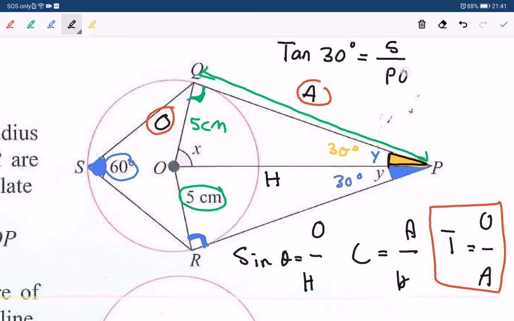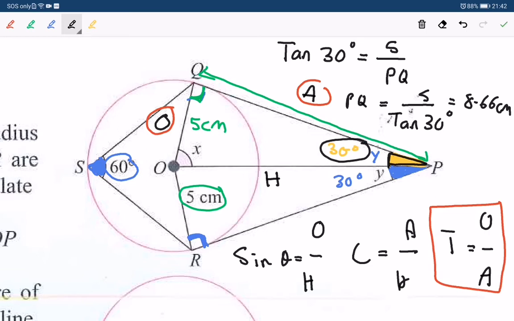So we can find the value of PQ equals 5 divided by tangent 30, which is equal to 8.66 cm.